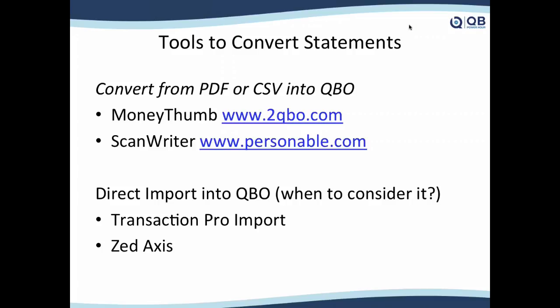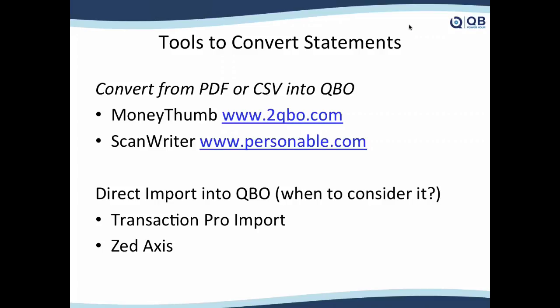But bank feeds is so crazy powerful that I prefer to use bank feeds even in an unconventional situation where I'm not really feeding the data from the bank. I have the data in some other way. There's also consideration to not use bank feeds.